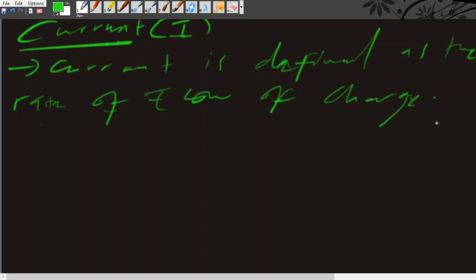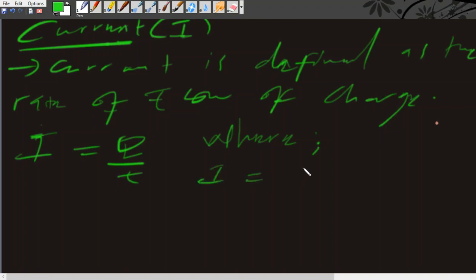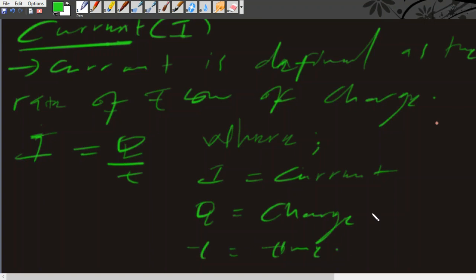And the formula that we can use: our current, which is I, is equal to Q, which is charge, over T. So from this formula, I is current, Q is charge, and T is time.